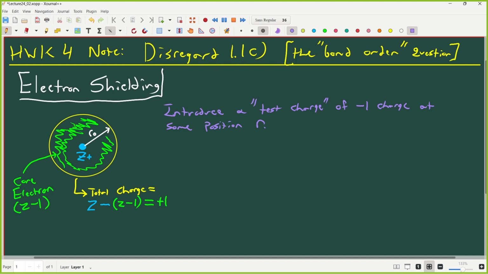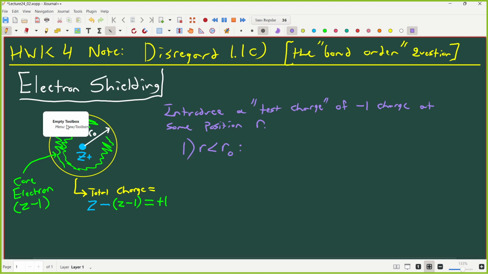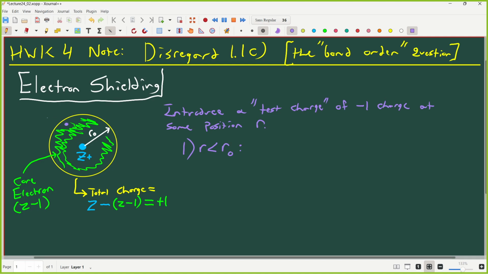One is that we can have r less than r naught, which means that the test charge has been placed inside of this ball of charge. So maybe we'll put it right here. This is 1. Maybe we have it there.